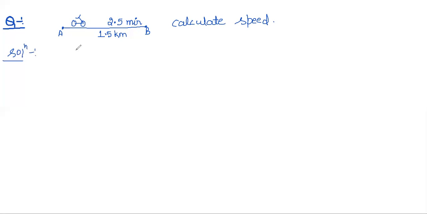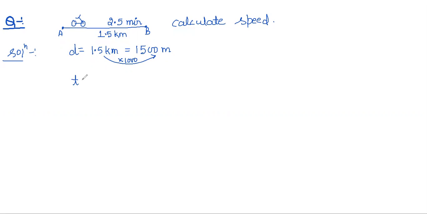First of all, write the distance. Distance is 1.5 kilometer. Firstly, you have to convert all the given quantities into SI units. So it will be 1500 meter. To convert from kilometer to meter, we multiply by 1000, because 1 kilometer is equal to 1000 meter.